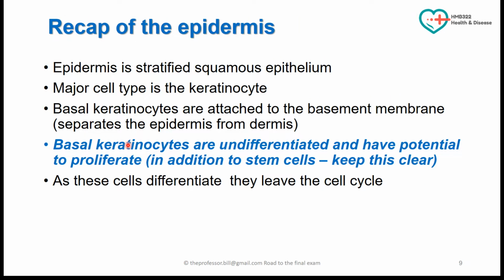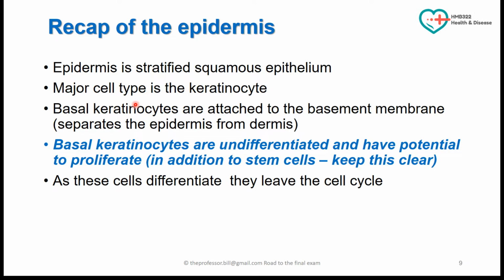So again, just as a review, hopefully for everyone, so that we're all back on the same page, we're now focusing back on the skin. We looked at the epidermis, and again, just as a reminder, these are squamous cell epithelial cells. The major type of cell that we find there in those 4 or 5 layers are these keratinocytes.